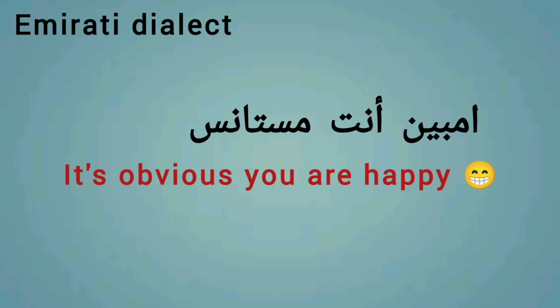And the next phrase is مبين أنت مستانس. It's obvious you're happy. مبين is extremely important and extremely useful. It's a legit word that you can hear all day from native speakers, and it means obvious. أنت means you, and مستانس means happy.